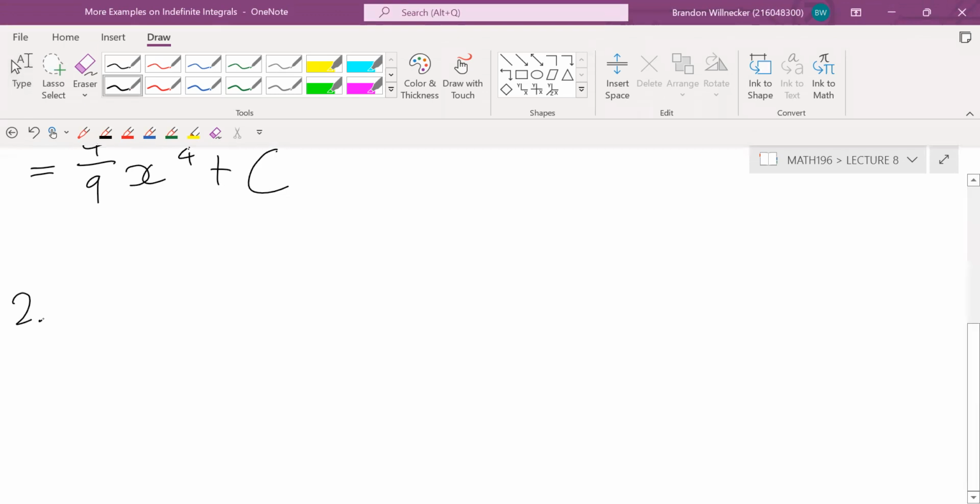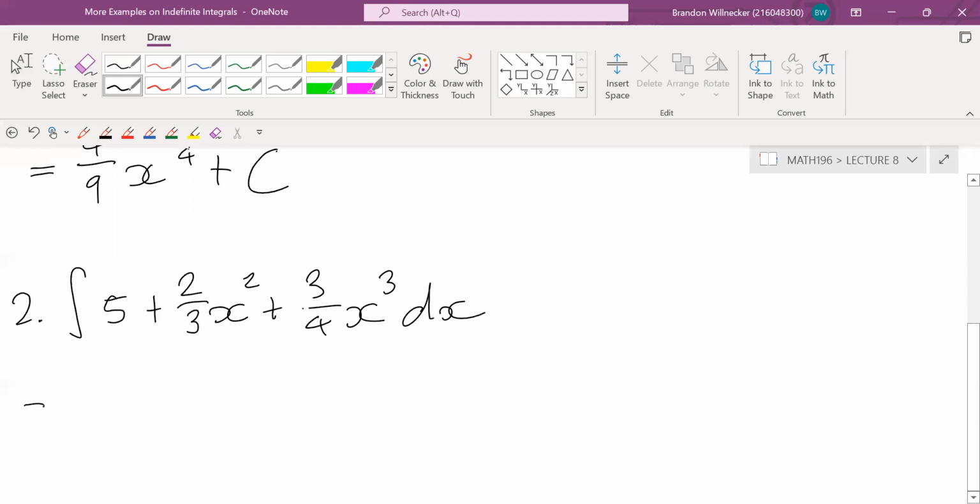Okay, number 2, we have the integral of 5 plus 2/3 x squared plus 3/4 x to the 3 dx. Now this is just a standard polynomial with simple powers, so we just apply the antiderivative rule to each term.